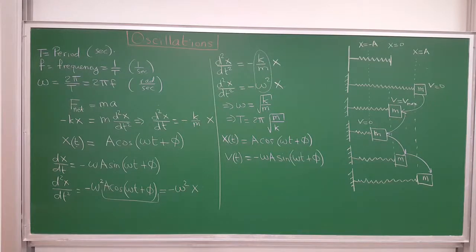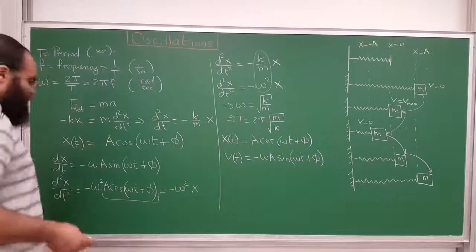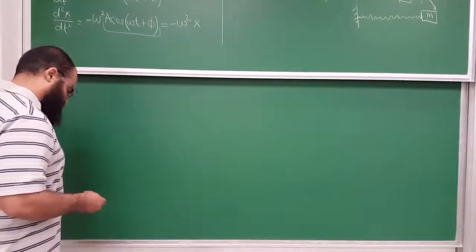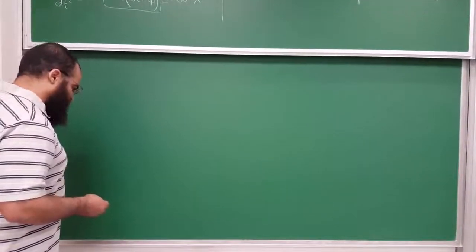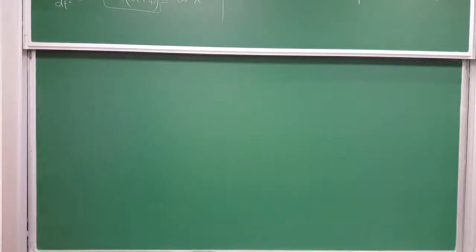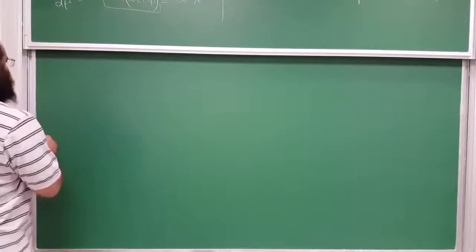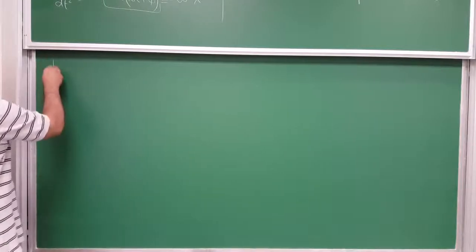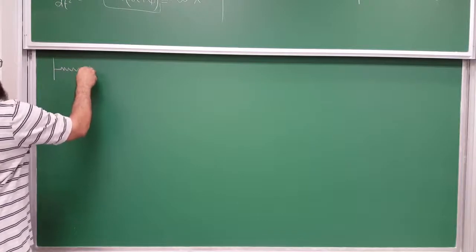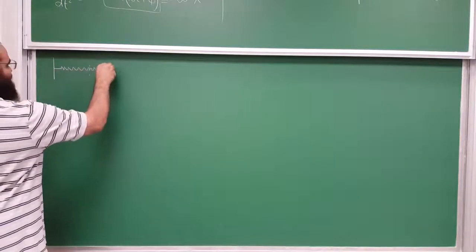Let's draw something. So we have a spring attached to a mass. It's pulled to the right by 15 centimeters. So this is the equilibrium, but it's stretched to the right.